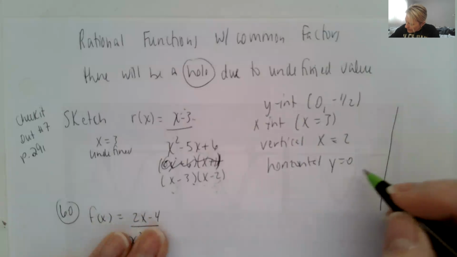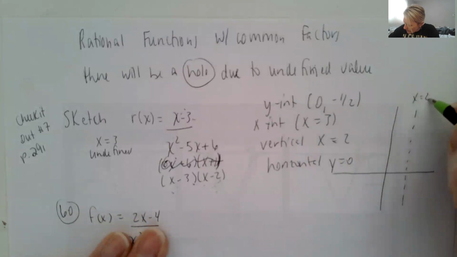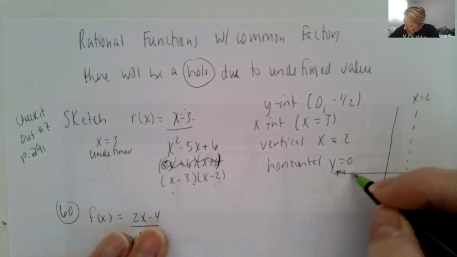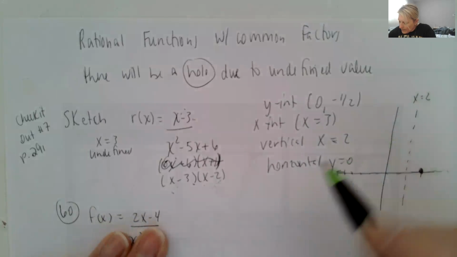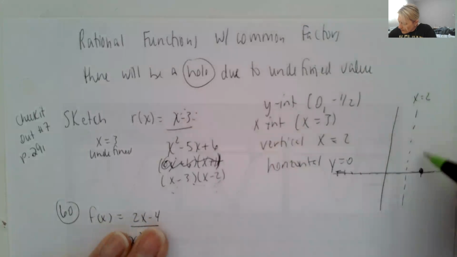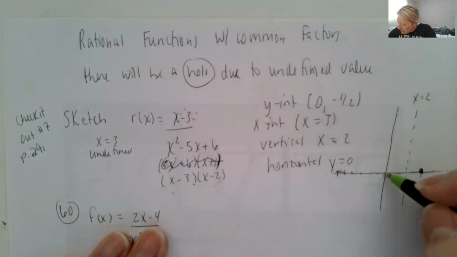So let's just see here. We have our vertical asymptote at x equal to 2, and then we have our horizontal asymptote, and then we have an x-intercept at 3, and it's multiplicity 1, so it's going to cut through, and then we have a y-intercept at 0 and negative 1/2.